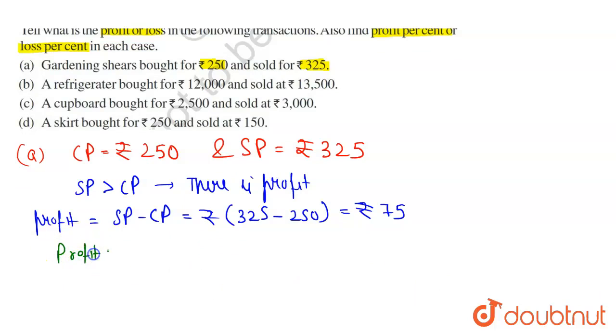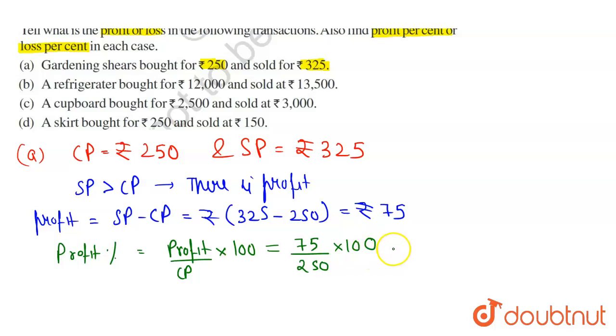Profit percent is given by the formula: profit divided by cost price, whole into 100. So our profit is equal to 75 and cost price is 250, into 100.